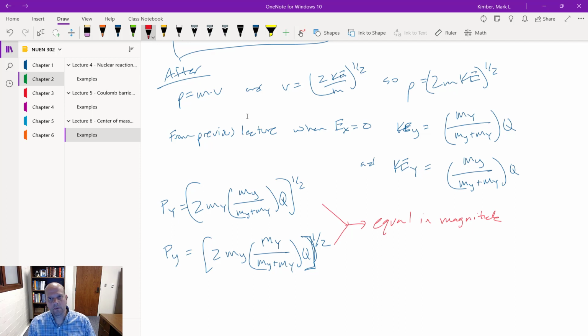And because they're equal in magnitude and we know they're opposing in their direction, then I know that my net momentum in this case is also 0.